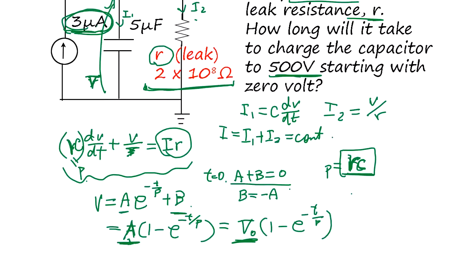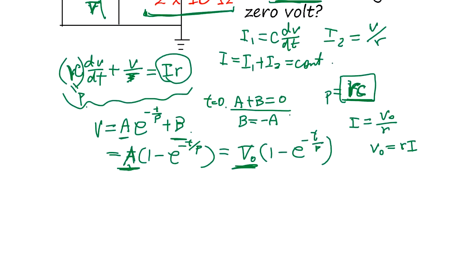So say this is I, so I equals this leak current V0 over R. So the final voltage V0 is going to be RI, assuming this is I. So we fix all the parameters here: V equals RI times 1 minus e to the negative t over RC.